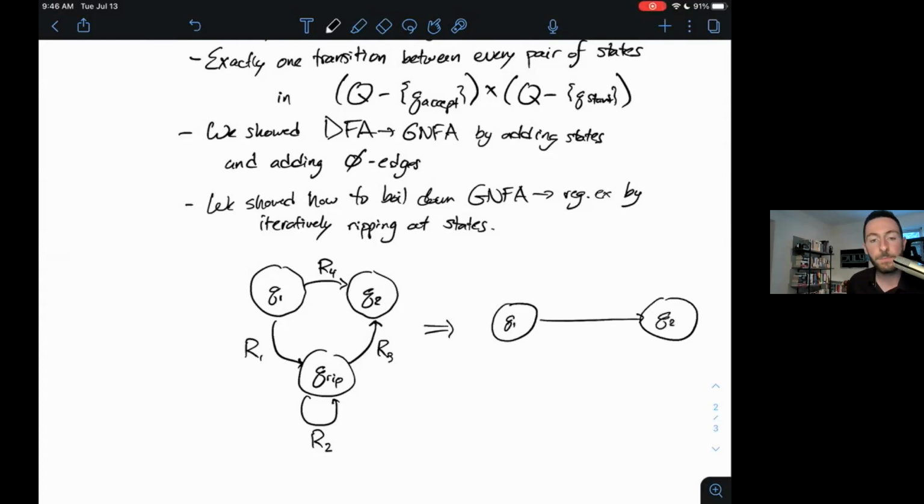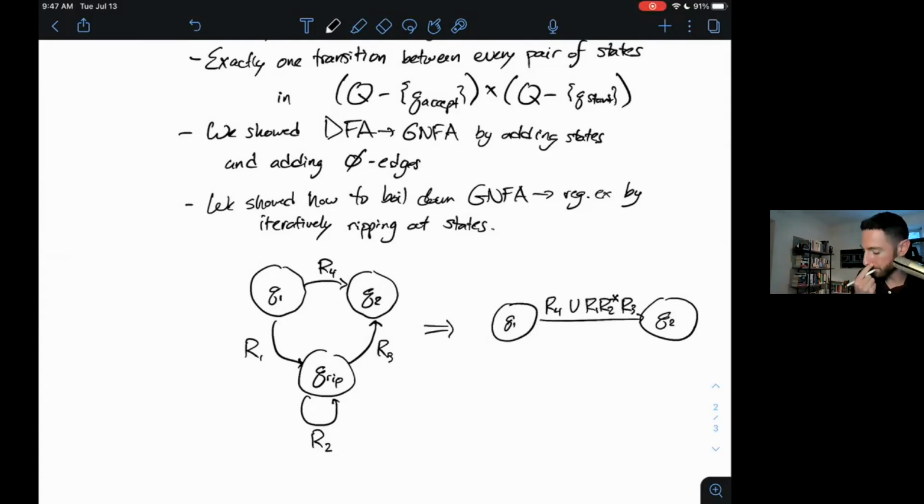And I'm observing if I just consider every possible computational path that might go from Q1 to Q2 through Q rip, that can be summarized by the regular expression R4 union R1, R2 star, R3, that is, we go around the loop from Q rip to itself a certain number of times.